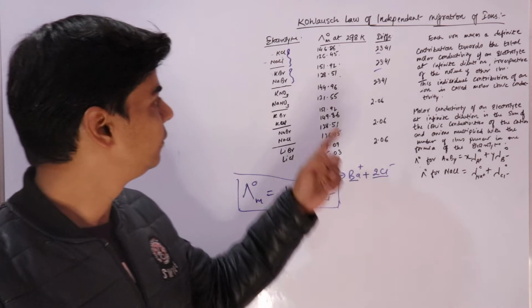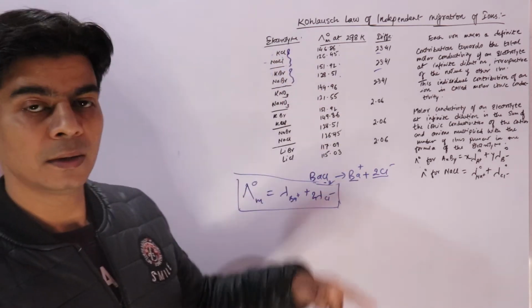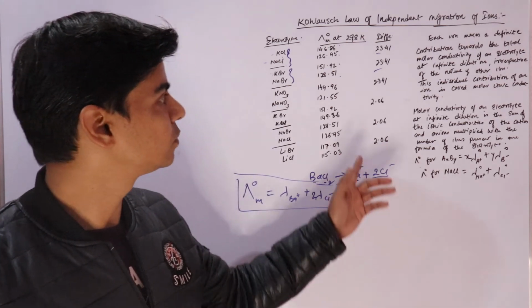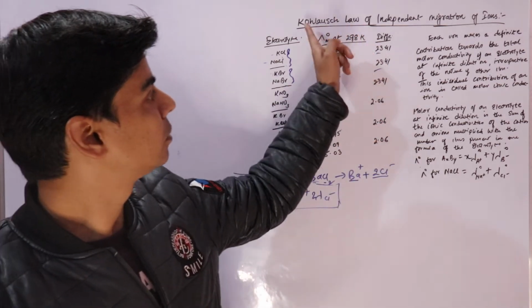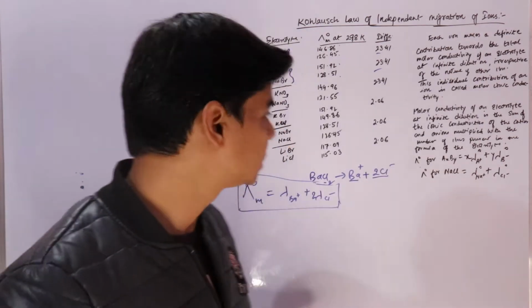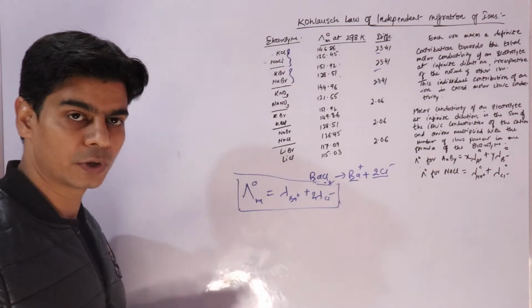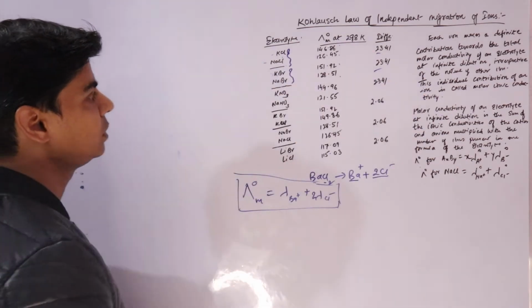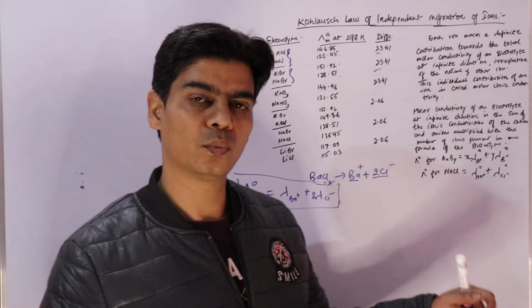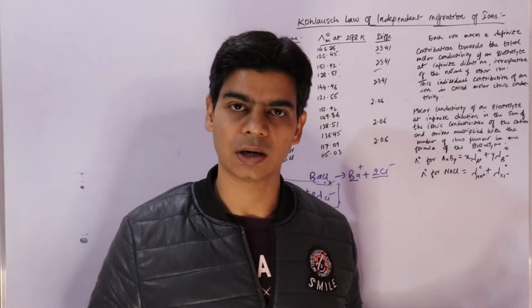The ionic conductivities of these ions do not depend on one another, and this is what Kohlrausch's law of independent migration of ions says. From these calculations, he concluded that the ionic conductivity of one ion doesn't depend on the other ion.